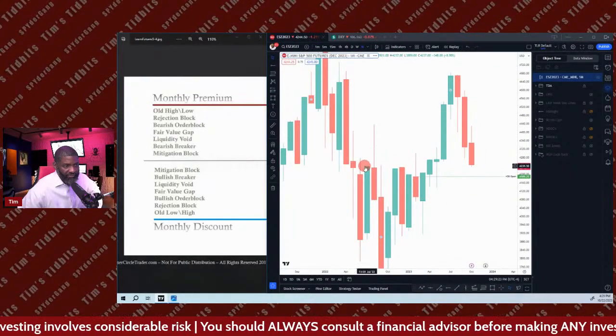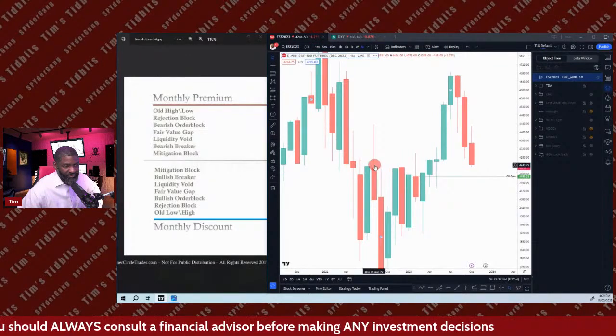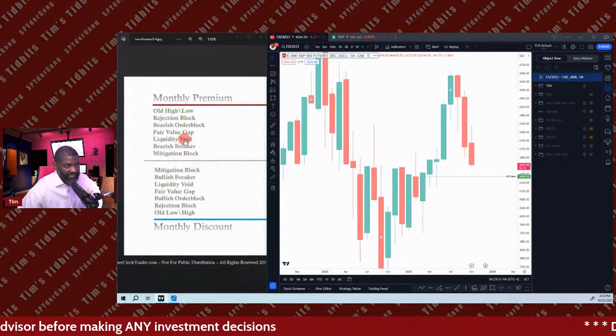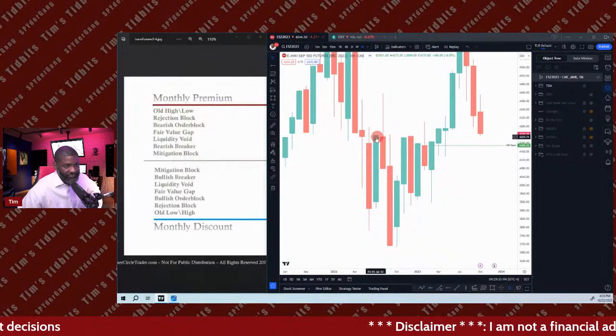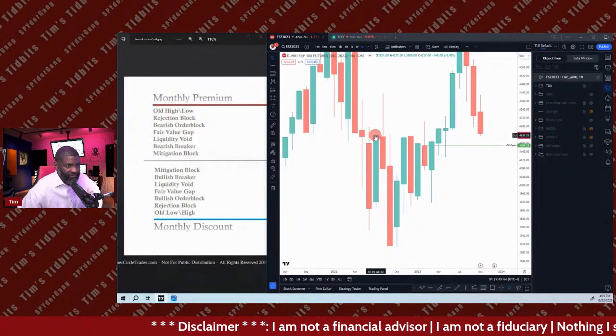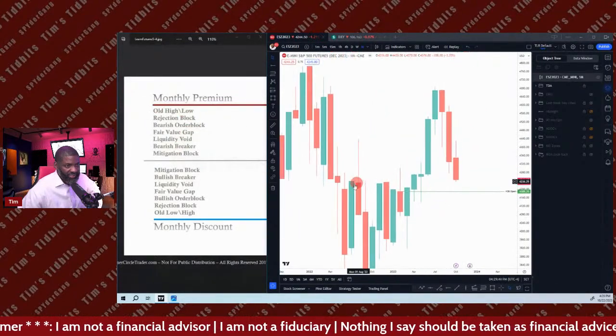We got a breaker, an order block, and an order block. What's the highest level of importance out of everything that we got down here? This breaker right there. That breaker right there is the highest level of importance of the PD arrays that we got down here.